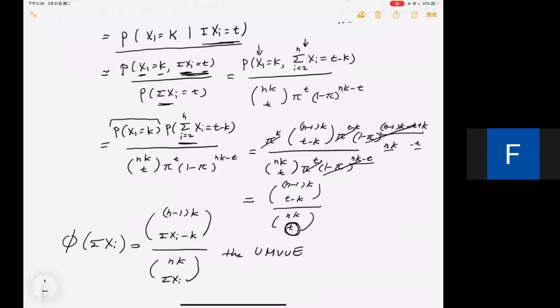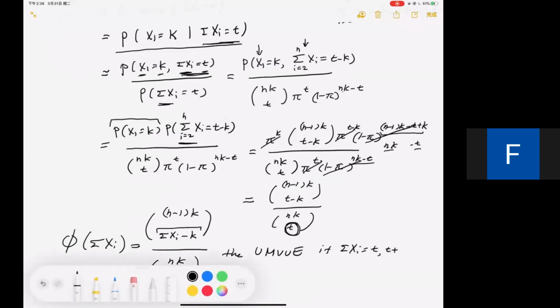Okay, so let me double check. I do not mess up, I think. But of course, right here, if you want to be more specific, you were saying that it's this guy, summation xi right here. You do have a condition, otherwise this would become negative, right? So that means if your summation xi is k, then k plus 1, then dot dot dot, until nk, otherwise this is negative.